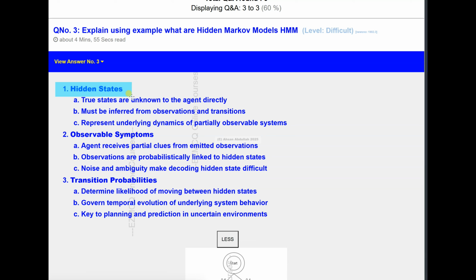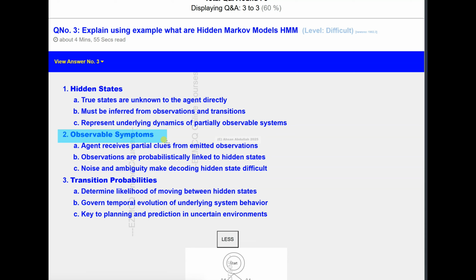Hidden Markov models handle this by allowing agents to reason over distributions of possible hidden states, which come from past observations. That is essential in tasks like navigation, dialogue, or algorithmic trading and finance.